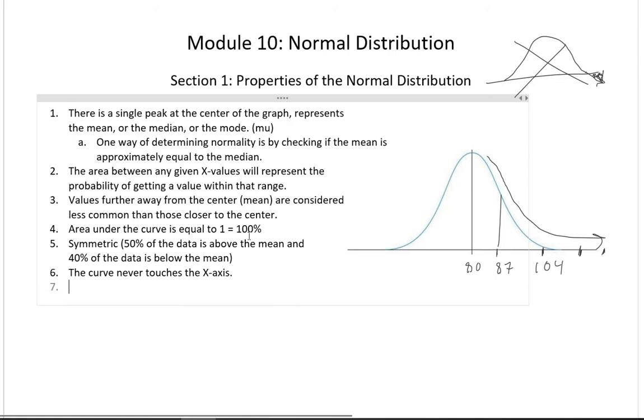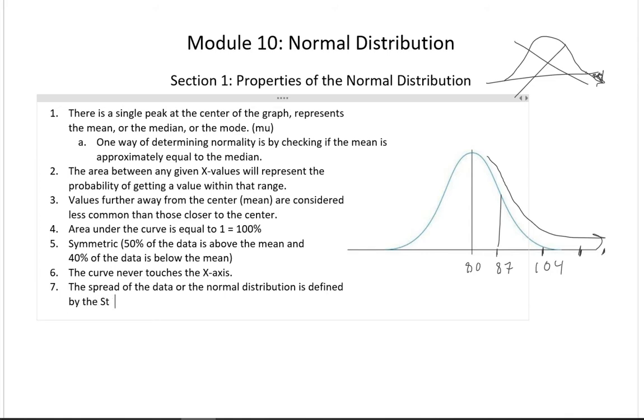And lastly, but most importantly here, the spread of the data, or the normal distribution, is defined by the standard deviation. Which is really, really important for us, so I'll put a few stars there.